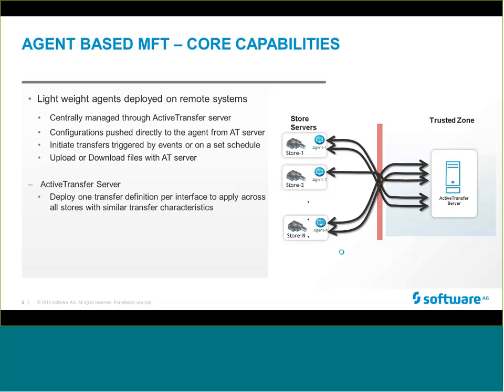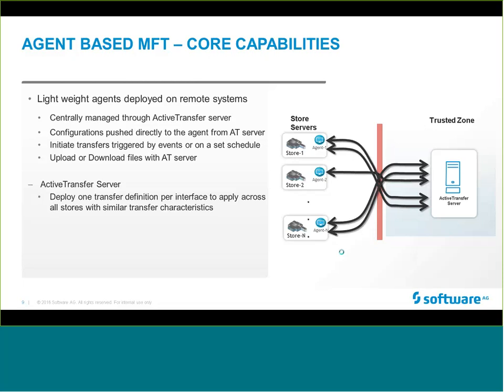These transfers are initiated directly within the agents. A transfer could be triggered by a particular event happening in the agent system, perhaps a file gets dropped into a file system location that the agent is monitoring, which will automatically trigger the file transfer. Or it could be on a scheduled basis. I'll touch on some of those details in my demo shortly.